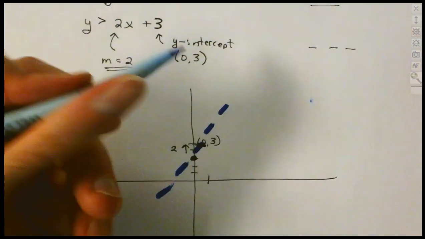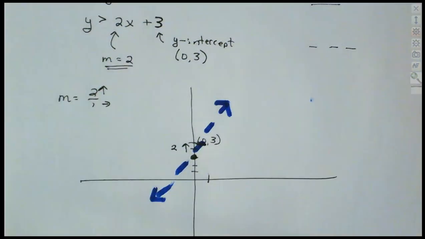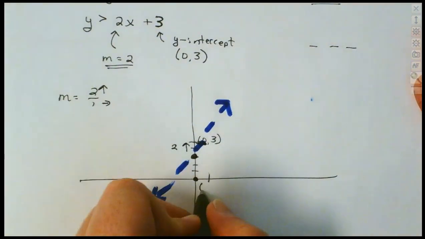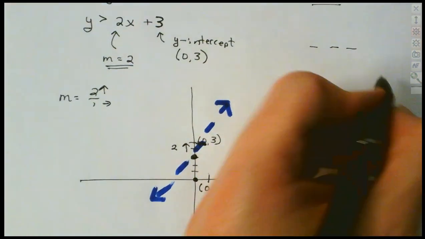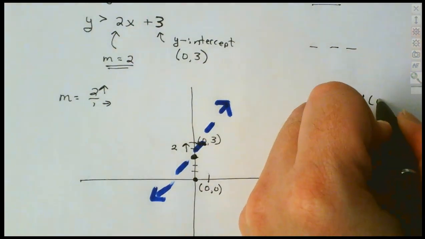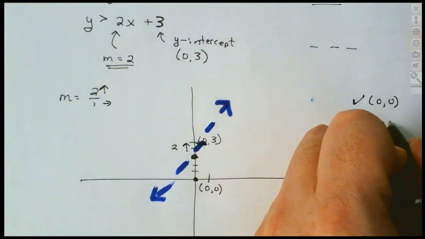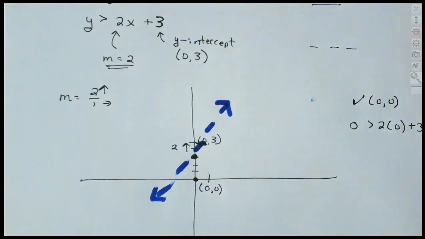Now we need to shade. What do we do to shade? We check a number, an ordered pair. Where do we usually check? If possible, 0, 0. Okay, so let's check 0, 0. So we plug in that 0, 0.